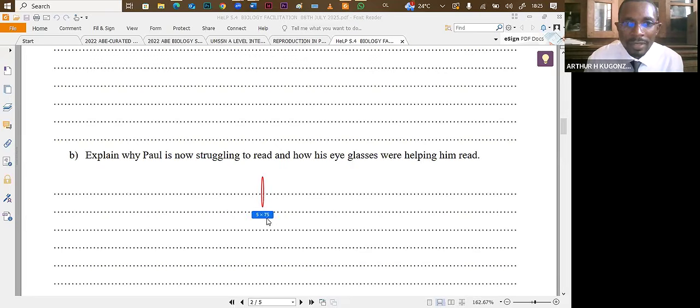Okay, so we have something. So this one is a concave. This one is a concave. This one is a convex lens. Now, a convex lens, what it does, it converges light rays.